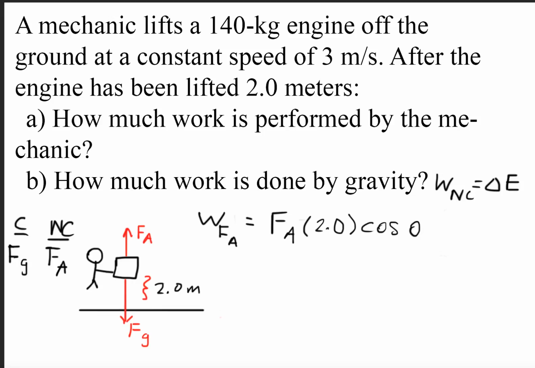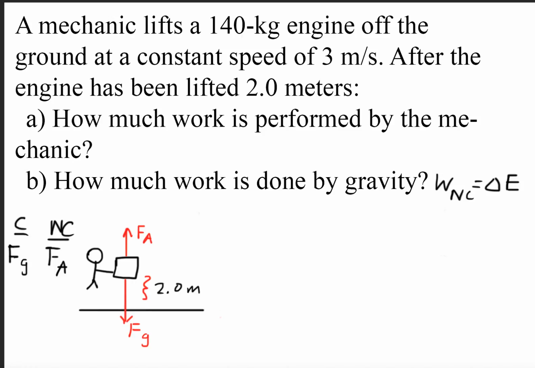We know that the answer to this is going to be some number greater than 0. And if that's the situation here, we know that there's going to be work done by this non-conservative force. But at the moment, we have no idea what it is.